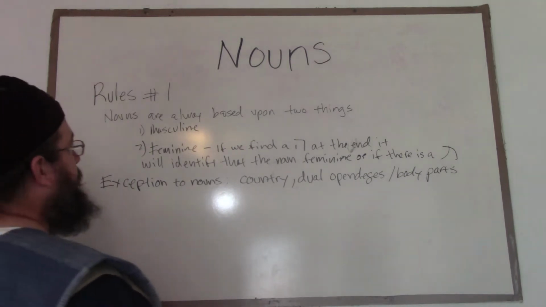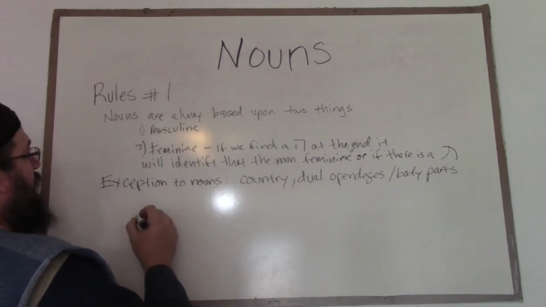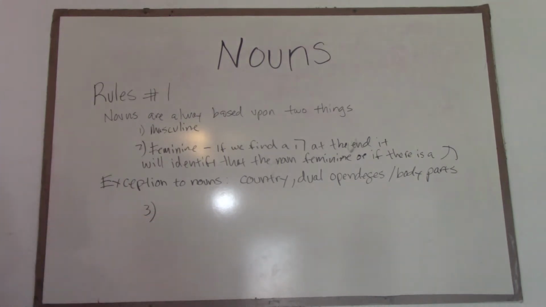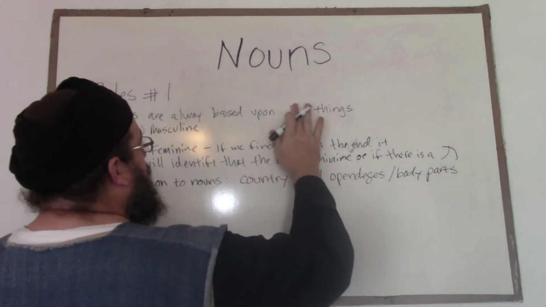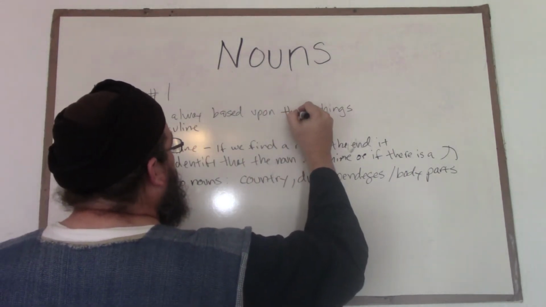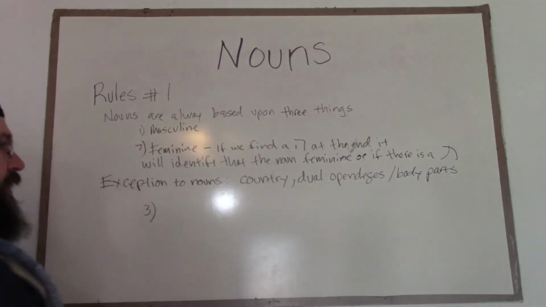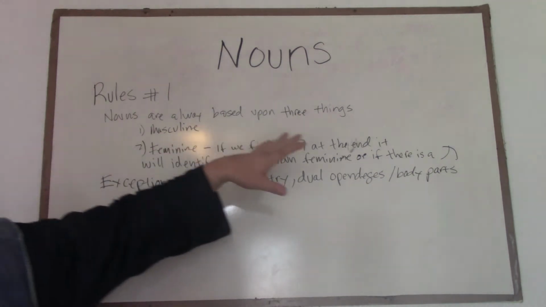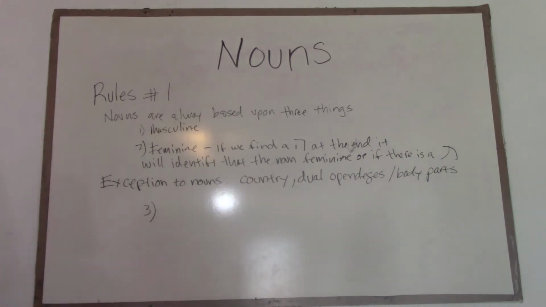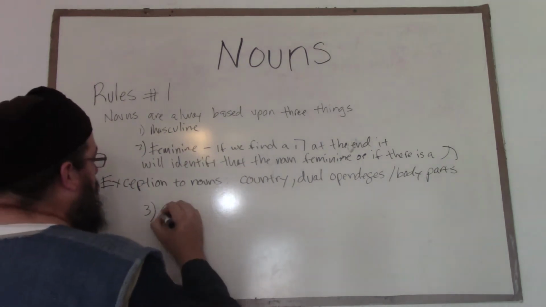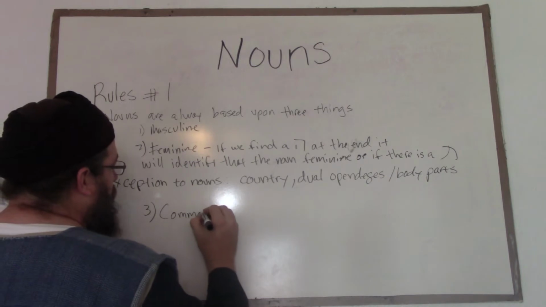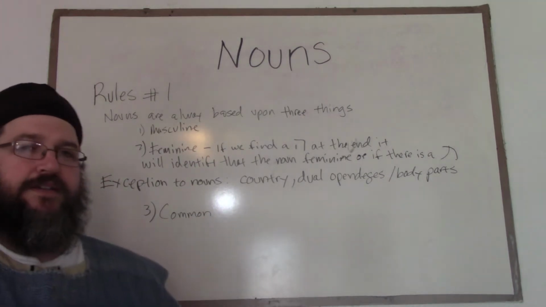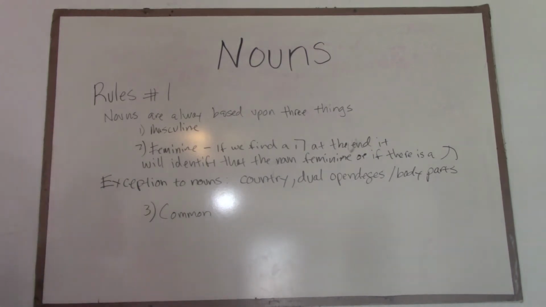Now, the third thing which we're going to put here, so actually we can change this 2 here, we'll put 3, because I forgot we do need to add this part here, okay? So nouns which are based upon 3 things, there's this one other rule, and this other one is called common, which means this noun can be either masculine or feminine, okay?